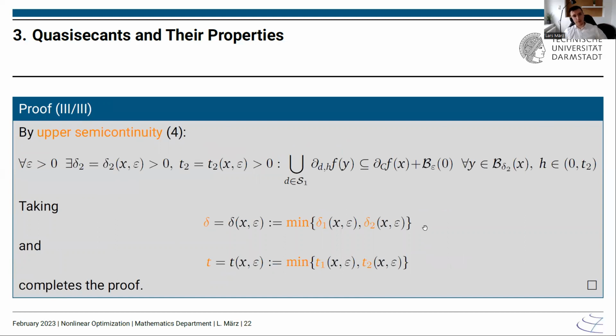Now we again use upper semi-continuity for the following inclusion, so we have again an epsilon, delta and t statement with this inclusion derived from the upper semi-continuity.